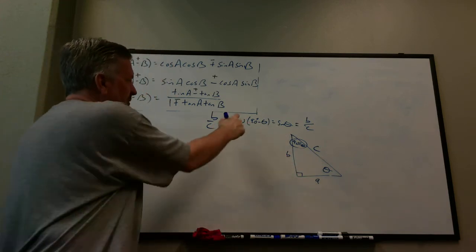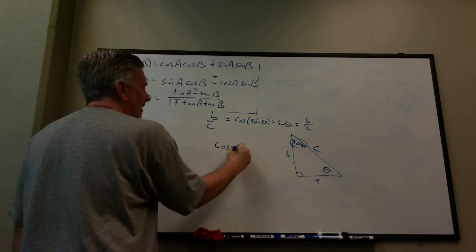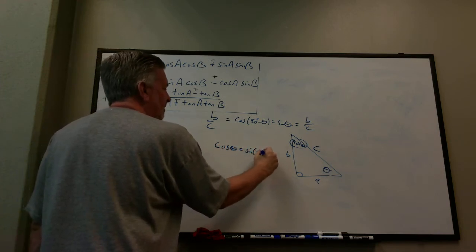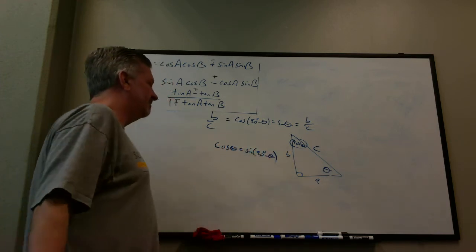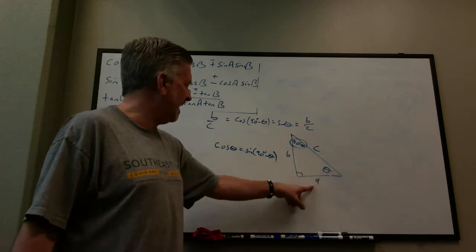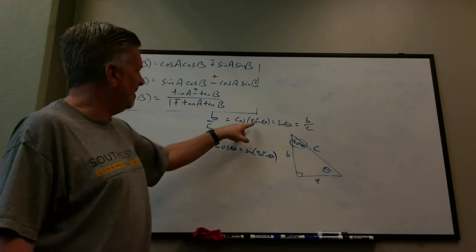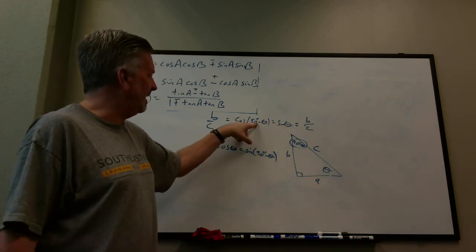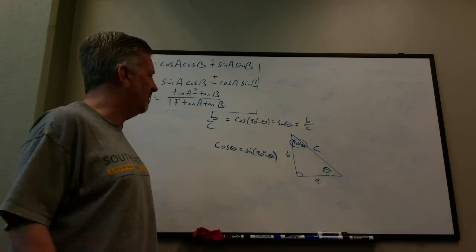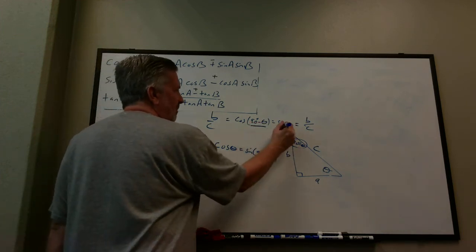You could also write it this way. Cosine theta is sine of 90 minus theta. The cosine of theta is A over C. The sine of this one is A over C. So it doesn't matter whether you have the theta here or the 90 minus theta here. You can switch them. Bottom line is they're complements of one another. That plus that is 90.